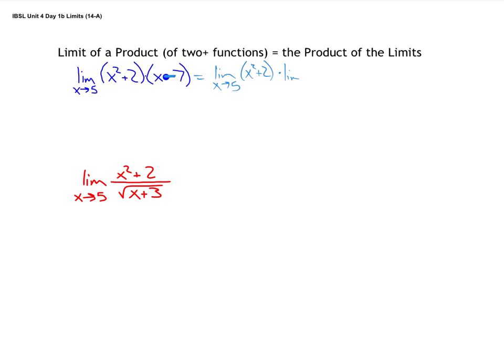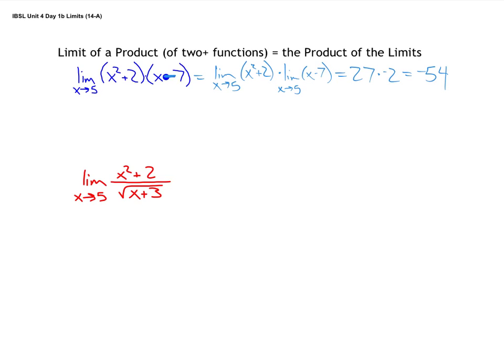Times the limit as x approaches 5 of x minus 7. Okay? So you plug that in, you get 27 times the negative 2. So we get a negative 54.